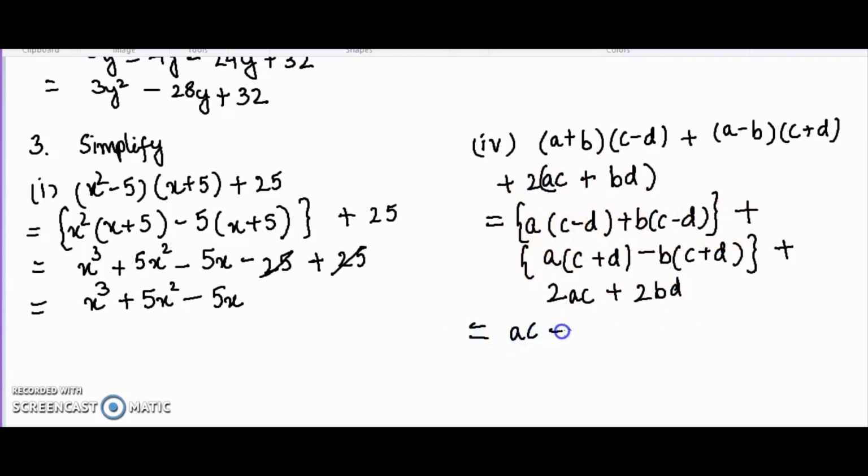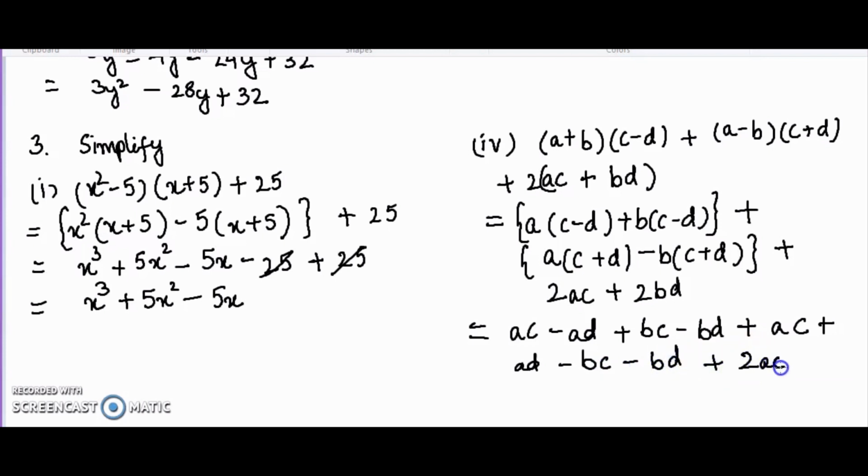So AC minus AD plus BC minus BD plus AC plus AD minus BC minus BD plus 2AC plus 2BD.